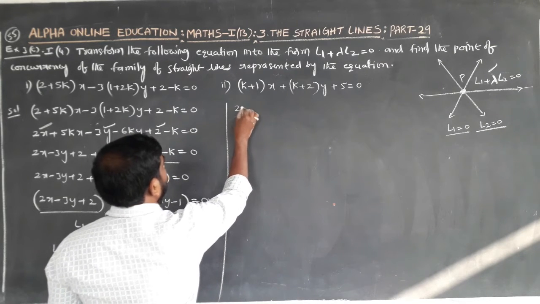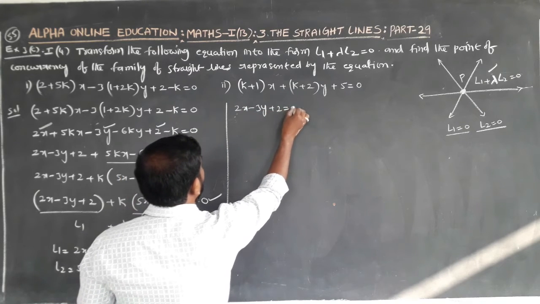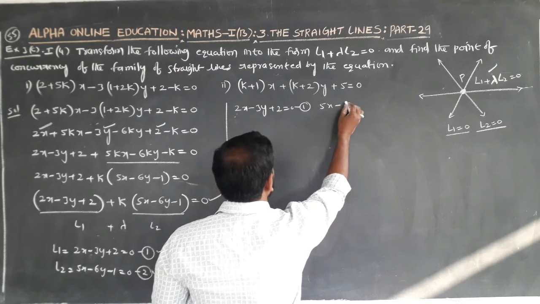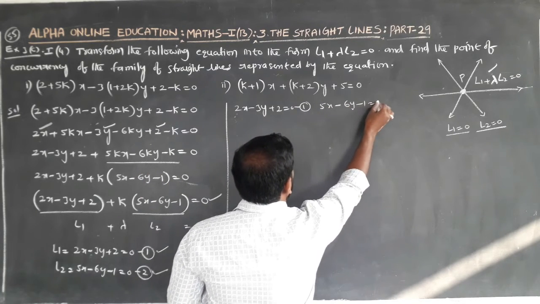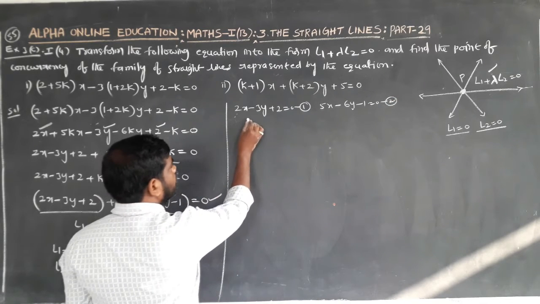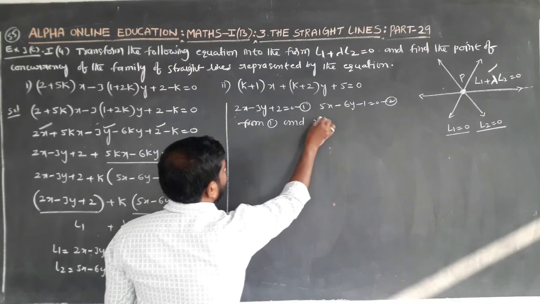Equation 1 is 2x minus 3y plus 2 is equal to 0. Equation 2 is 5x minus 6y minus 1 is equal to 0. Solve equations 1 and 2.